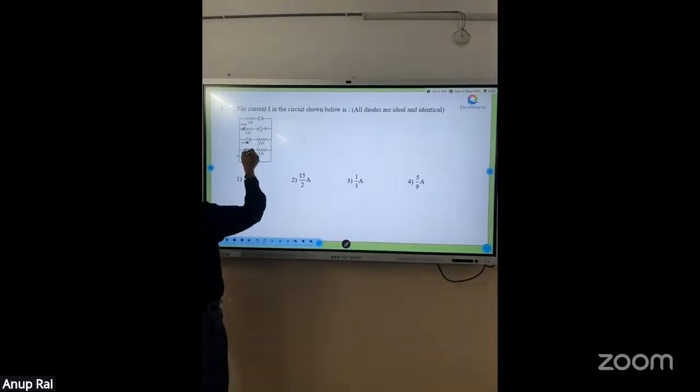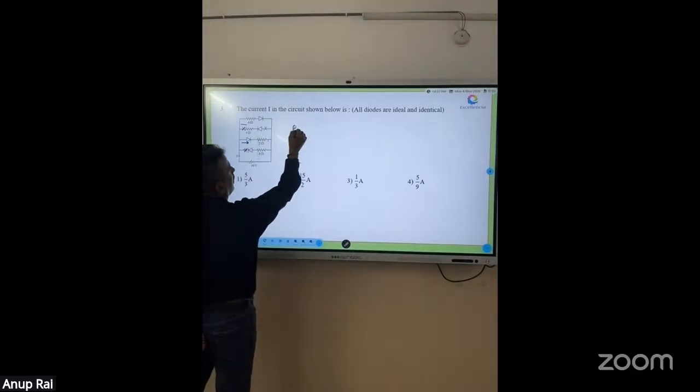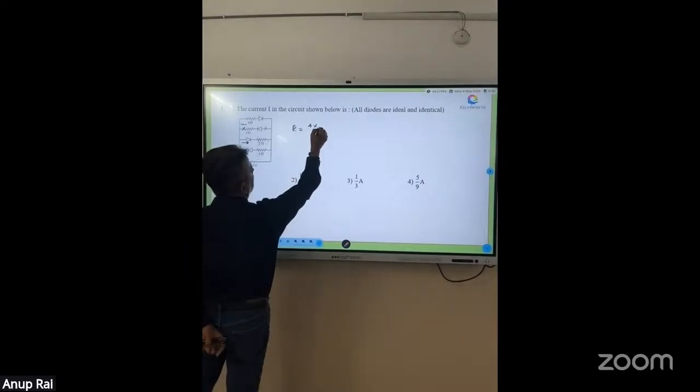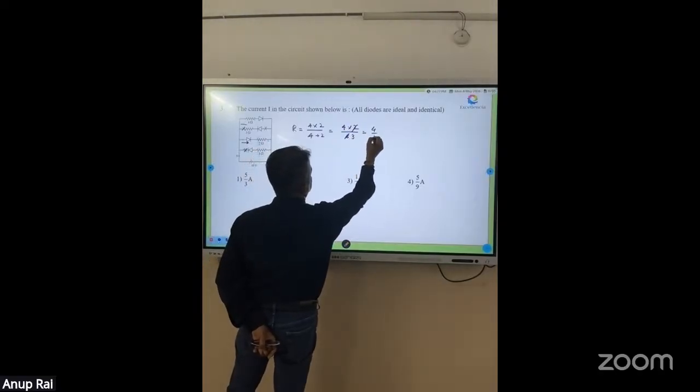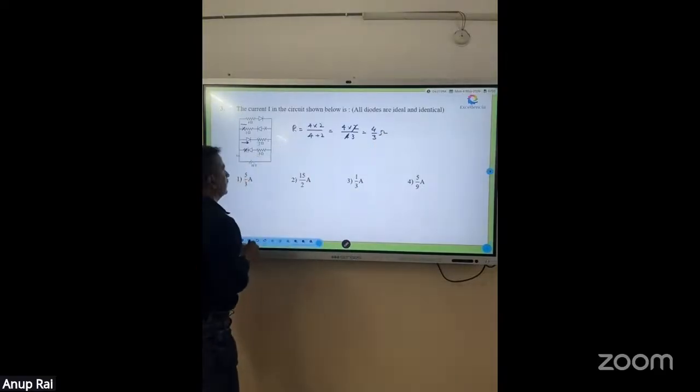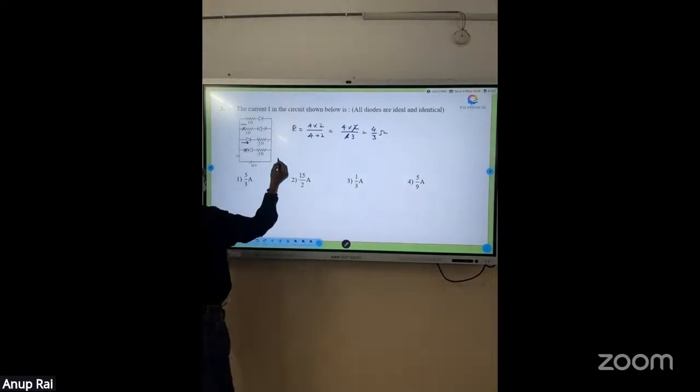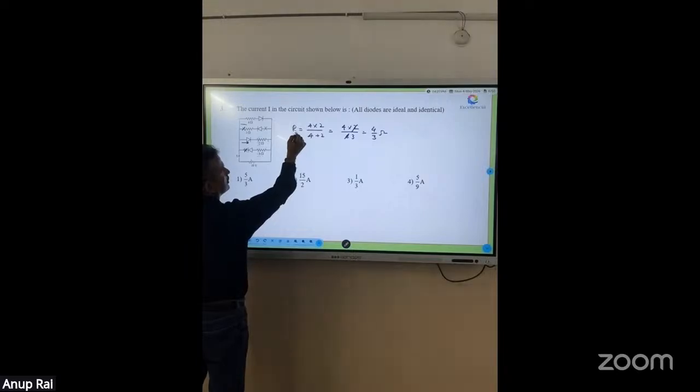So this simplified circuit will become 4 and 2 in parallel. So R equivalent is going to be R1 R2 upon R1 plus R2, which is 4 by 3, right? And then the current. See the equivalent resistance of this circuit.